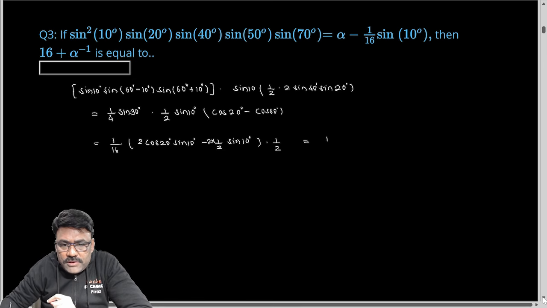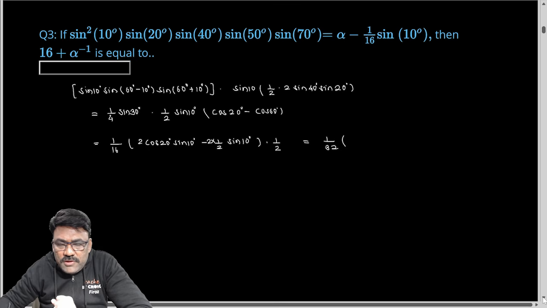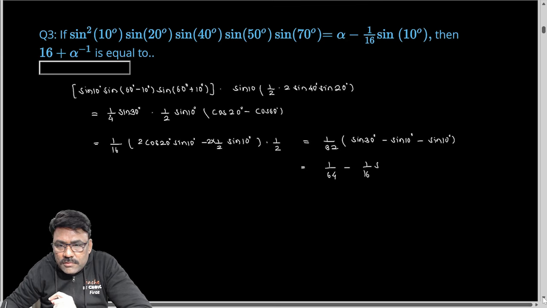So now it is 1 by 32. 2 cos A sin B is sin of A plus B, which is sin 30, minus sin of A minus B, which is sin 10. And we have one more sin 10. So now it is, sin 30 is half, so 1 by 64 minus 2 sin 10. So 1 by 16 sin 10.